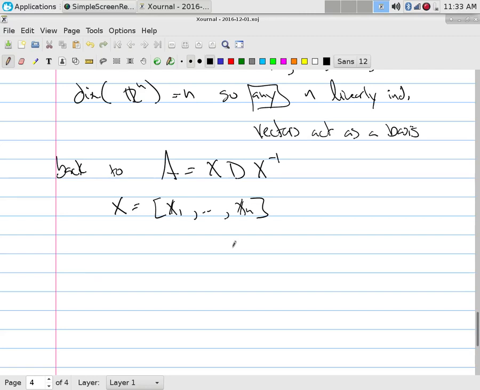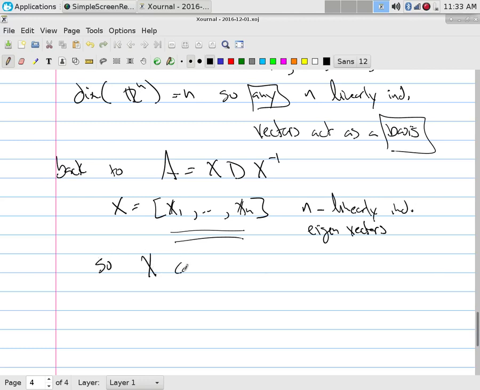Since the inverse exists, they're actually what? Linearly independent. So if I have n linearly independent eigenvectors, put those two together. What do these act as? A basis. These act as a basis of Rn space.